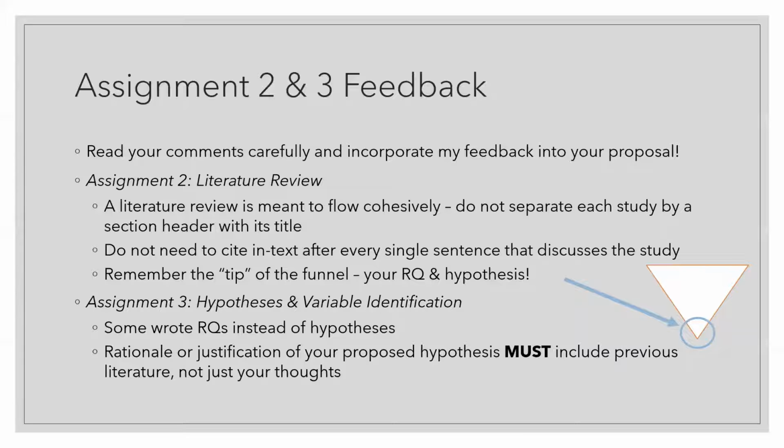Or if the variables have not been studied together yet, perhaps find a study where similar variables were related in the same way and then use that as your rationale. I didn't take marks off for this if you did this in your assignment, but you will need to use previous research in your justification within your proposal and final project to receive full marks. And I'll discuss that a little bit more further along in this tutorial too.